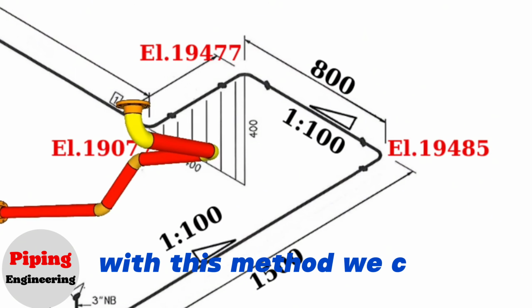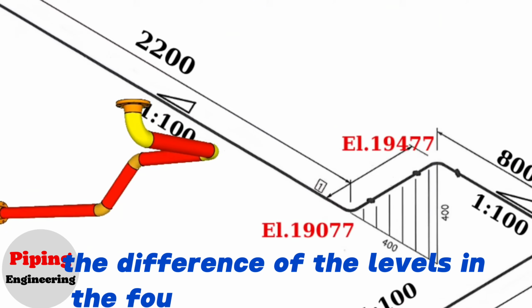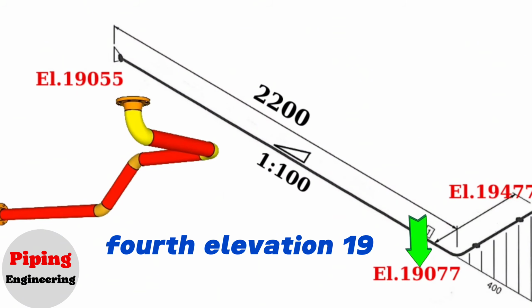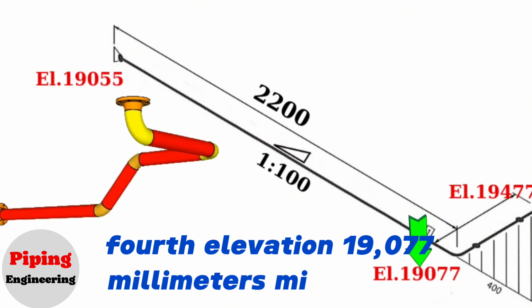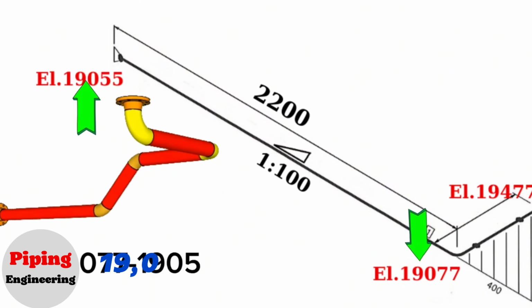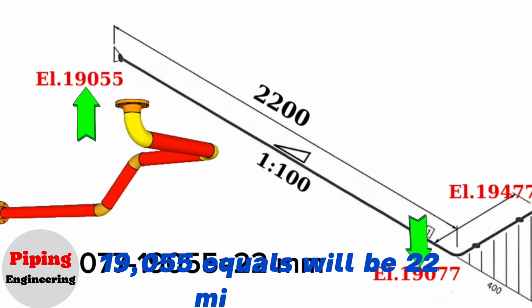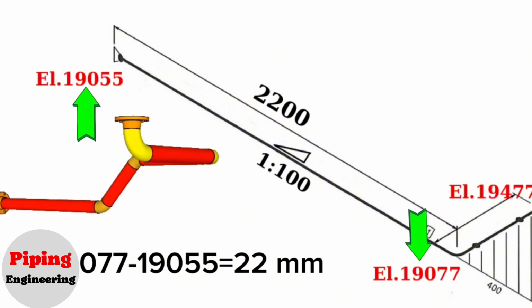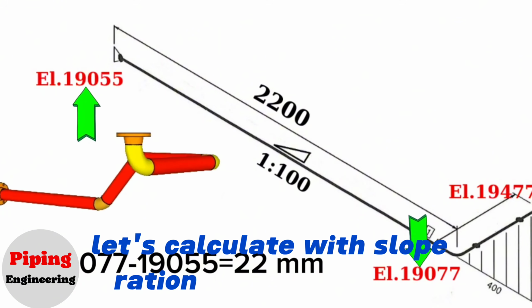With this method we can calculate the difference of the levels in the fourth and fifth rotations. Fourth elevation 19,077 millimeters minus fifth elevation 19,055 millimeters equals 22 millimeters. Let's calculate with the slope ratio now.